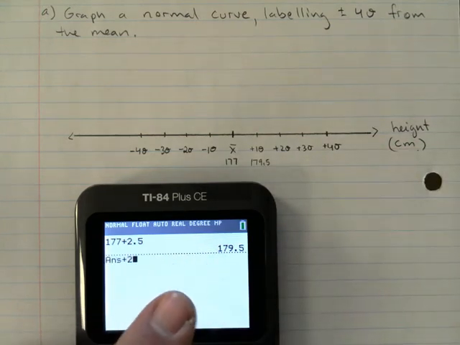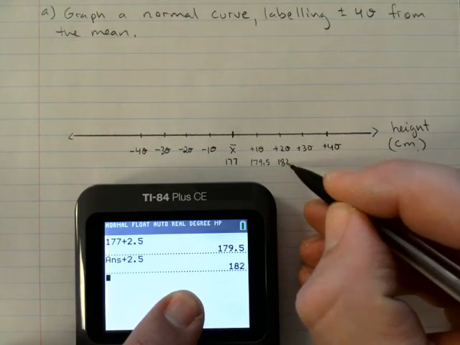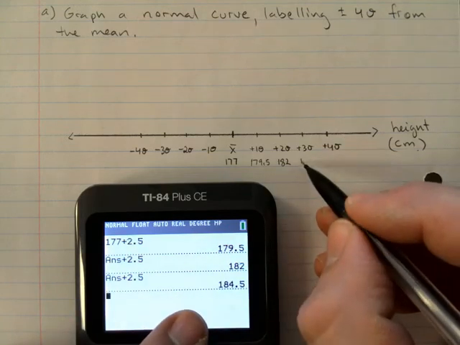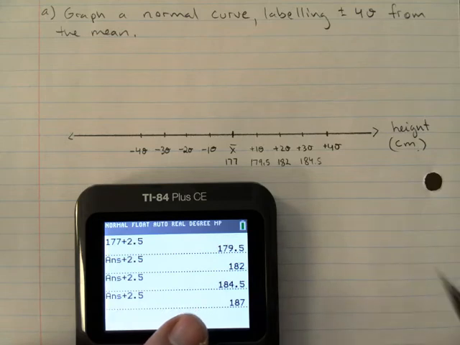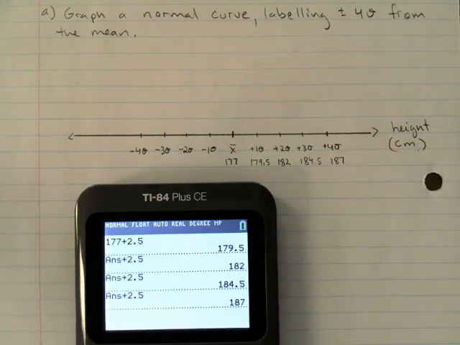You keep adding a standard deviation to get to the next one, and so forth. Right? So all the way to the 4th standard deviation is 187.